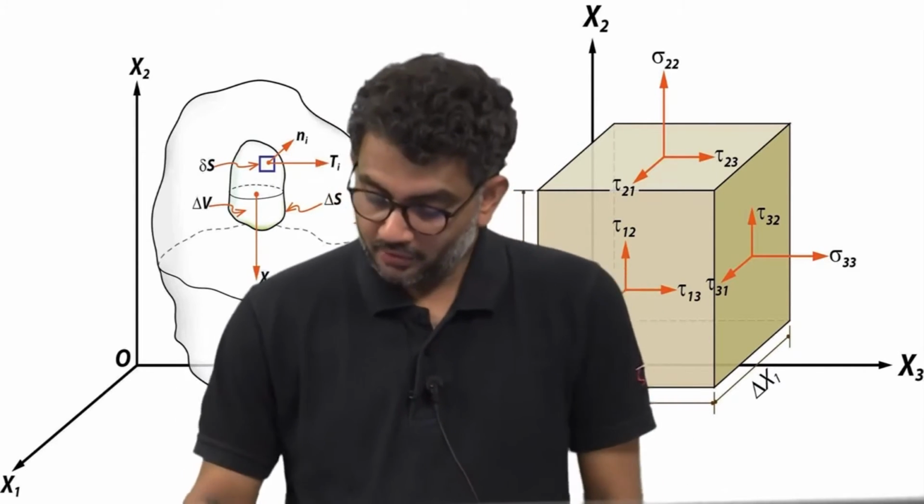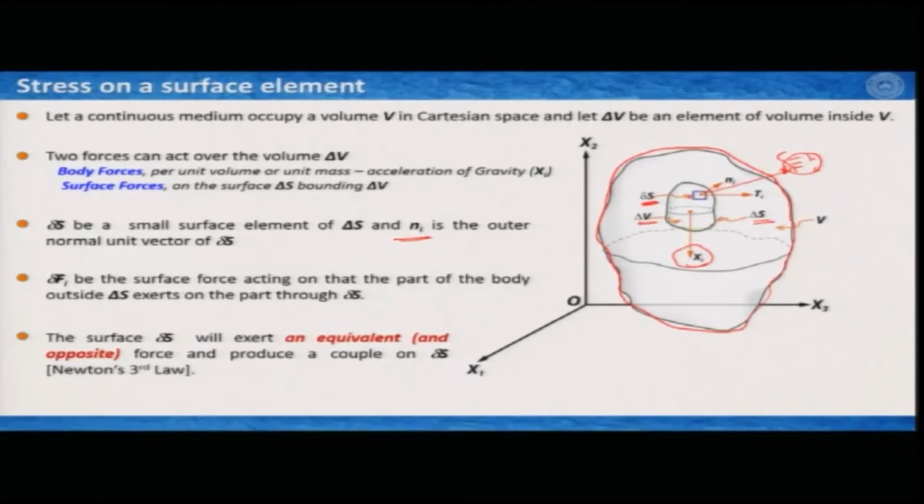So, if I have this very small area, then this del F I is the surface force acting on that very small area del S of this body, and this surface area would react to this force del F I. So, it would exert an equivalent and opposite force and it would produce a couple.